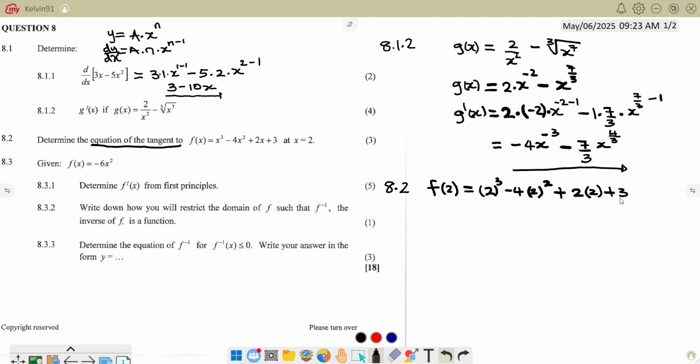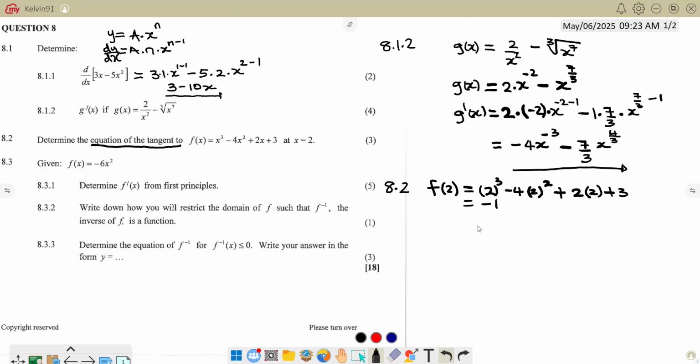So you simplify that using your calculator. We have 2 to the power 3 minus 4 times 2 to the power 2 plus 2 times 2 plus 3, which is giving us a -1.